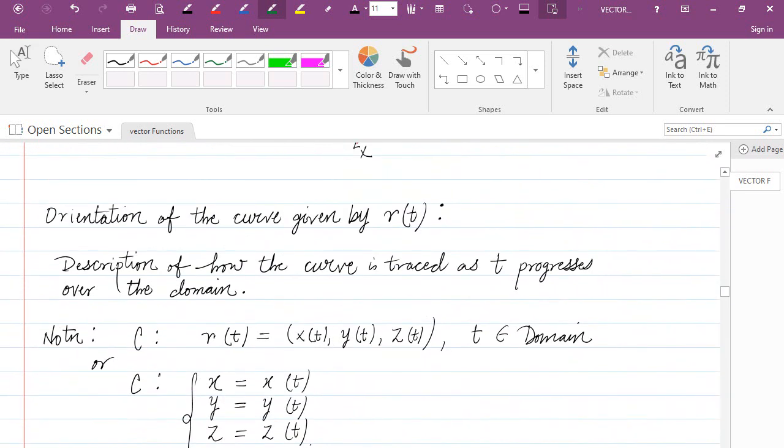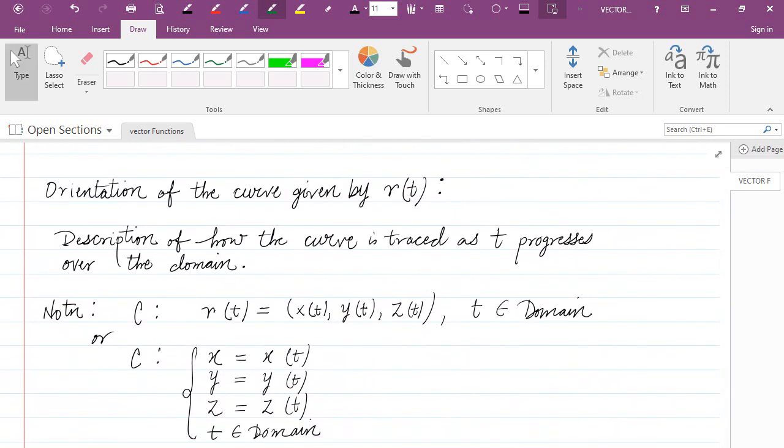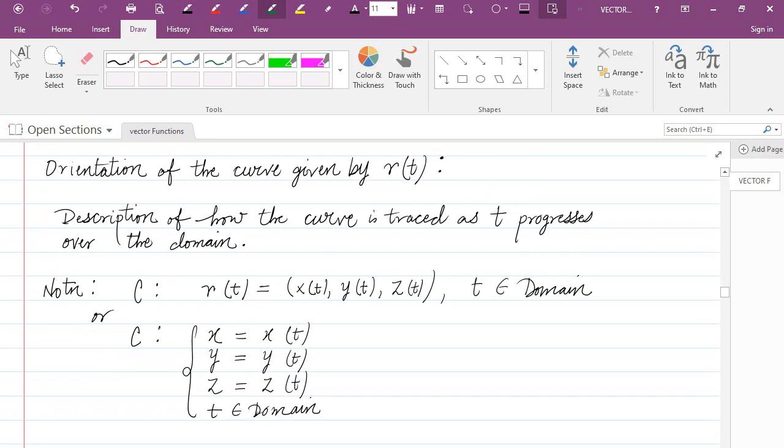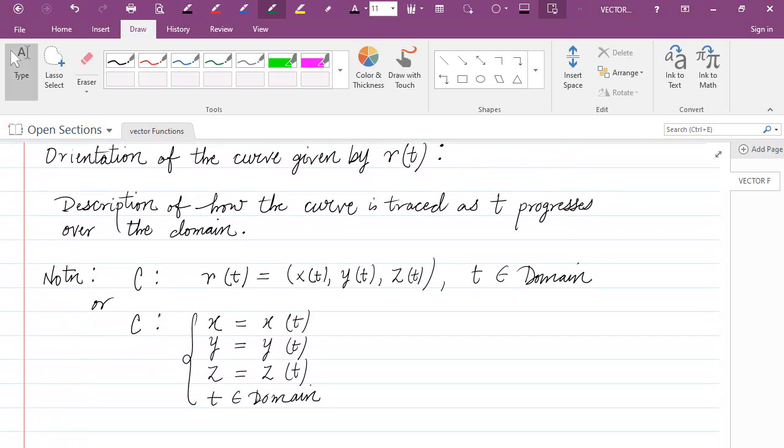So now I want to introduce the concept of orientation of a curve. The orientation means a description of how the curve is traced as t progresses over the domain of the curve's vector function. I'll explain more in the next example.